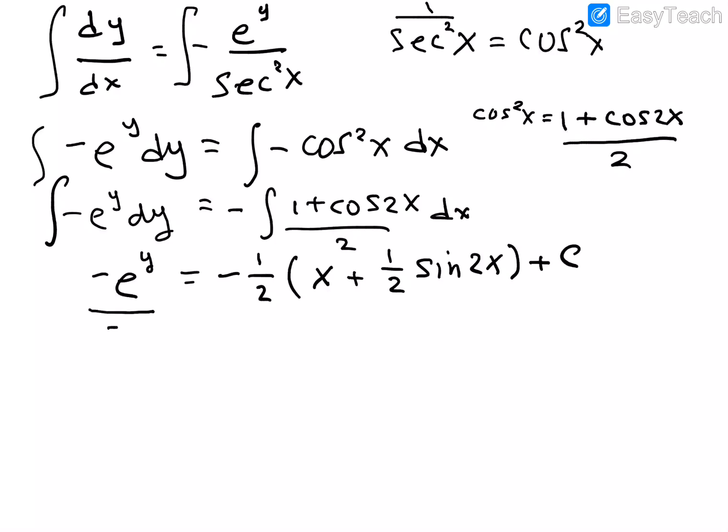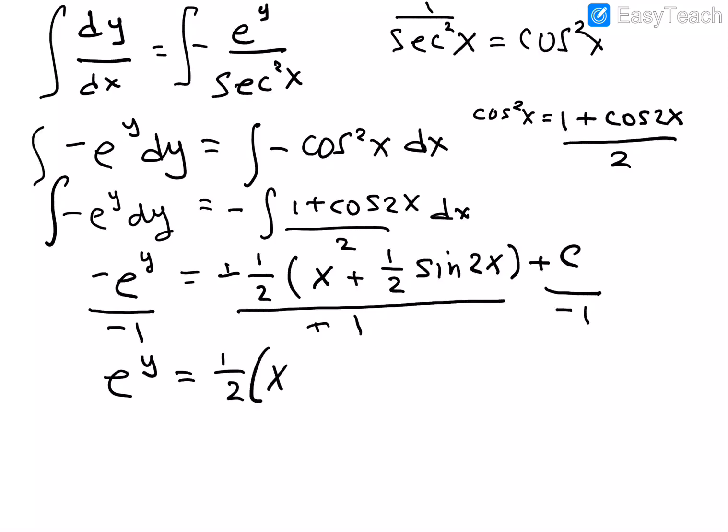And we can go ahead and divide our negative 1 from our e to the y to all the terms. So this will become e to the y equal to, that becomes positive, 1/2 quantity x plus 1/2 sine 2x. And this negative will be absorbed, quote unquote, into this c constant.